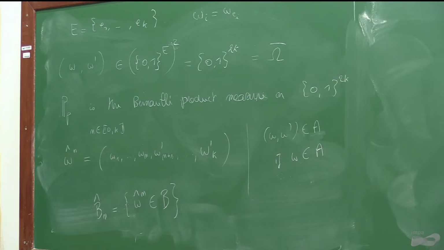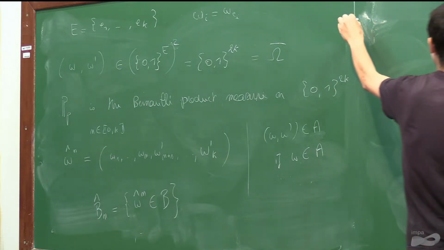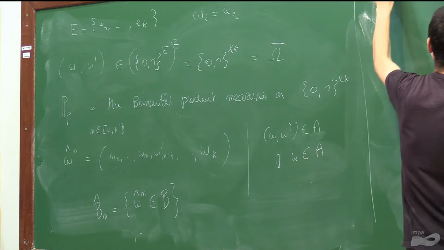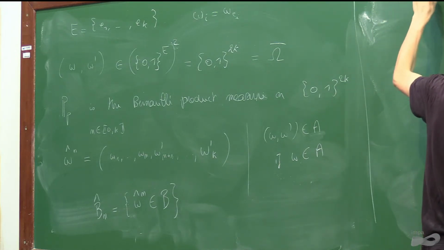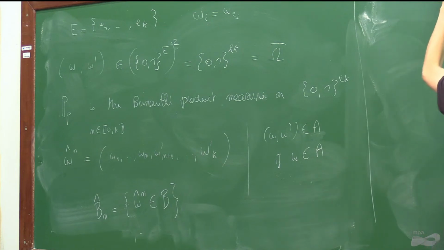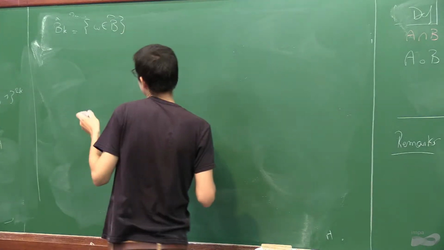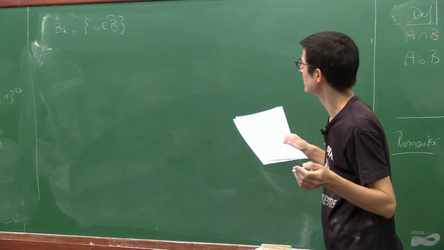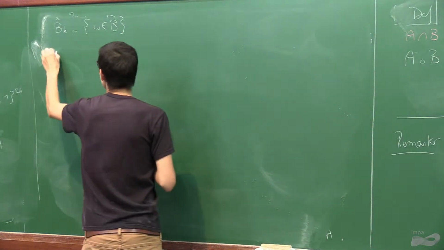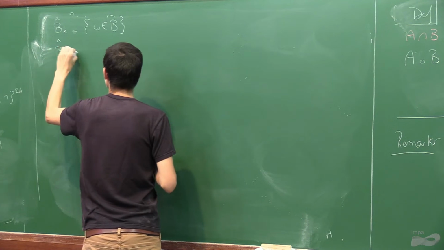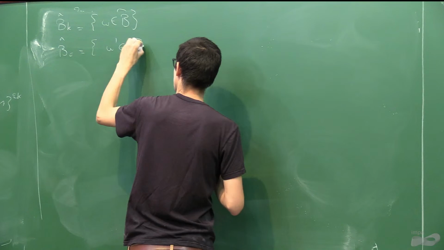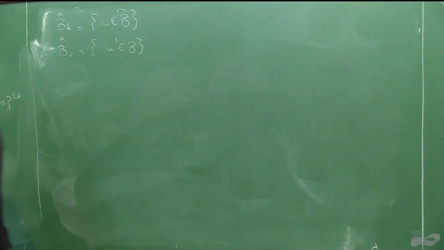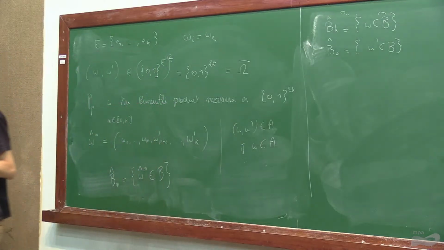Okay, and if you look at this now, what you have is that Bk is just B, if you want, and B0 is just the event that omega prime belongs to B. It's just B, but I'm looking at the environment omega prime instead of omega.